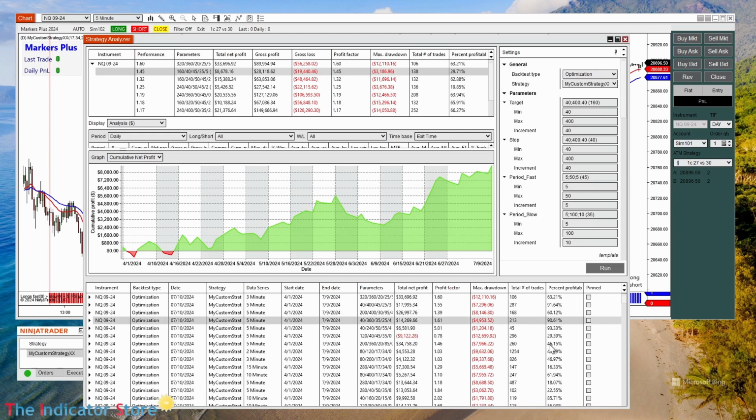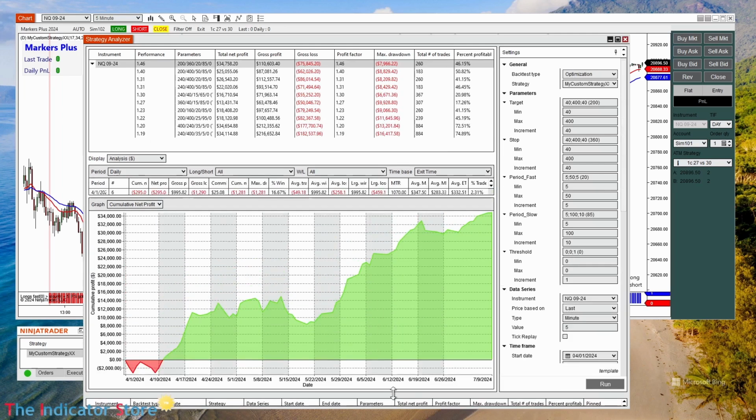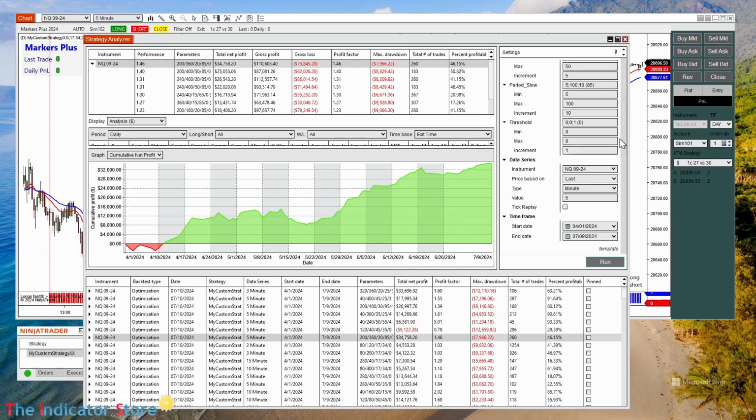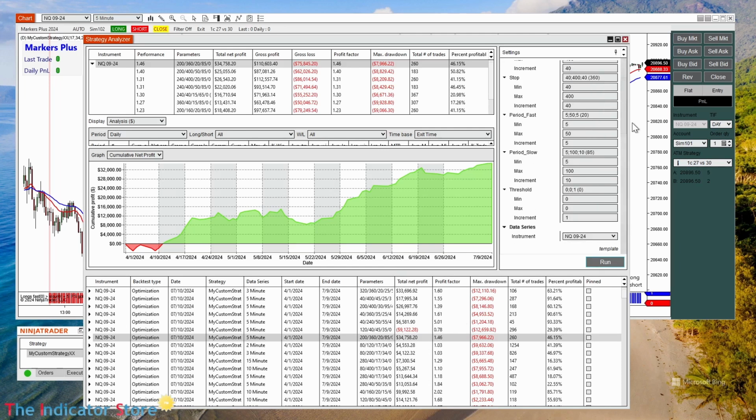For example, if you like one of them, you can double click and it will open the report and also show all the settings on the right, okay? So no need now to write down the results of each solution. Here we were not testing the threshold.